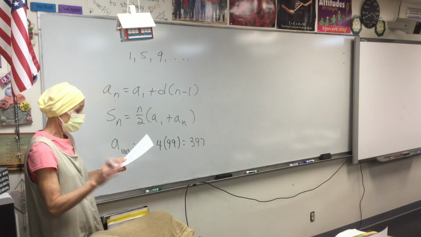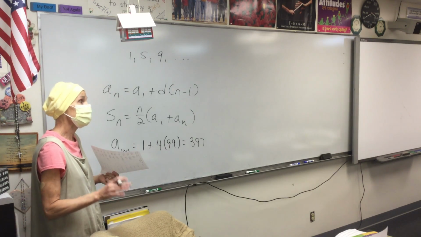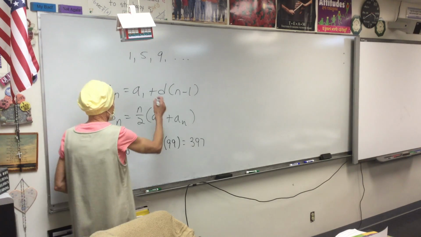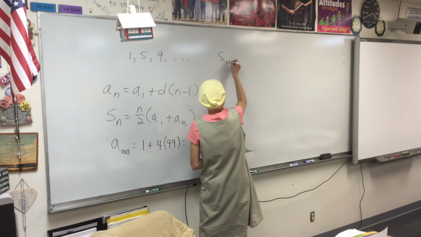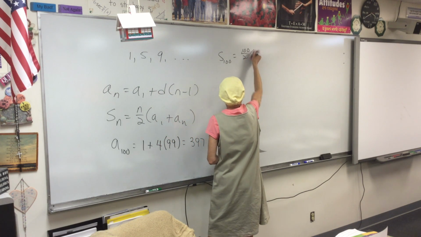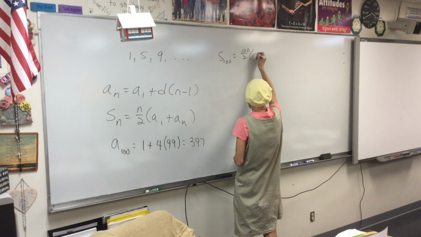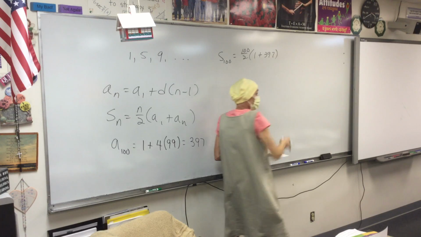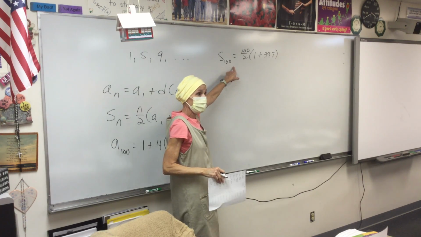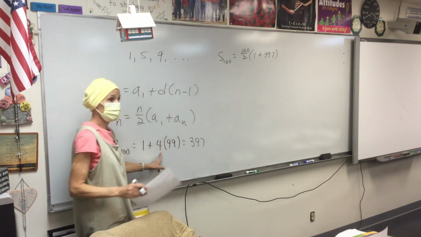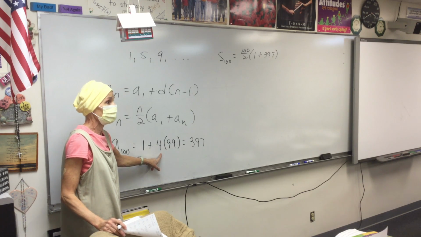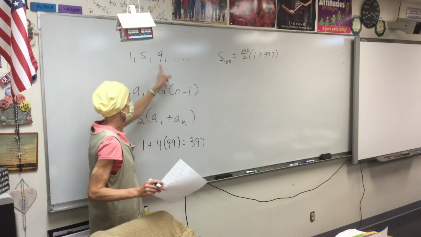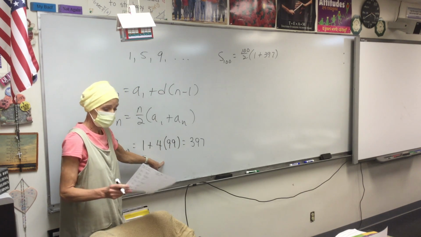If it said, how many songs will he have sung after the 100th trip, you would say S sub 100 equals 100 over 2 times what? 1 plus 397. So if I had asked that question, you would still need to do this, right? We've talked about that before. This formula requires you to have the last term. If you don't have it, you have to find it.